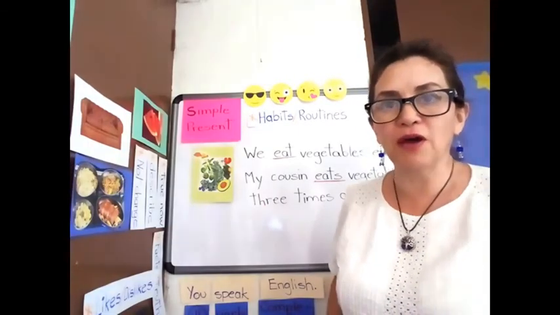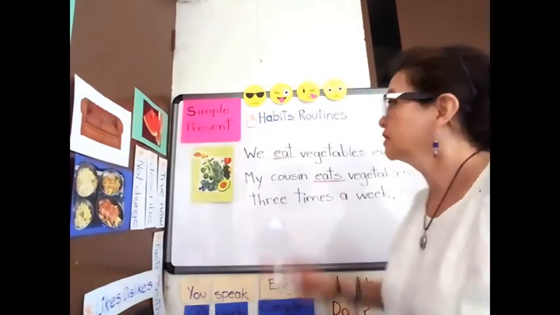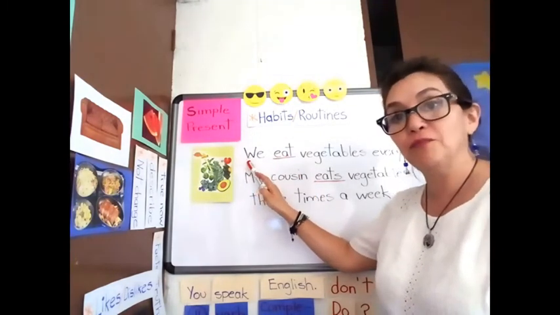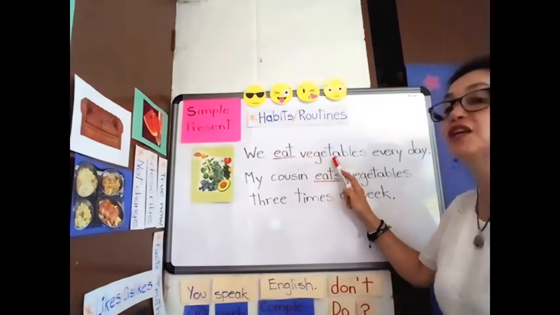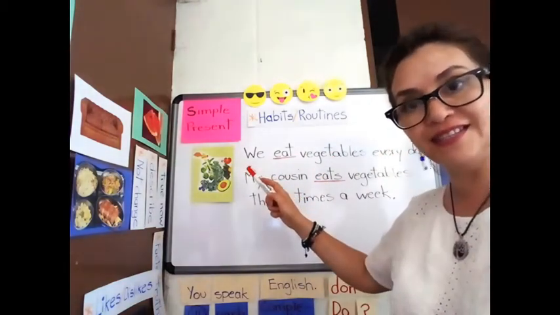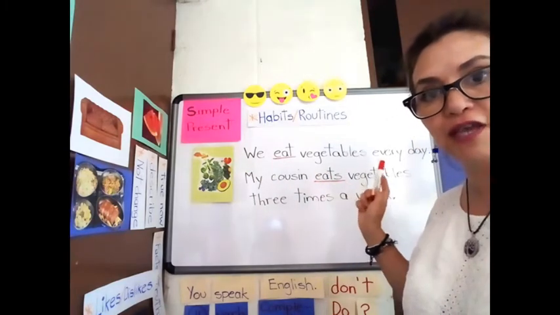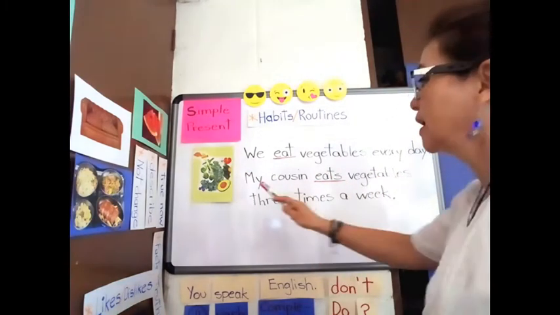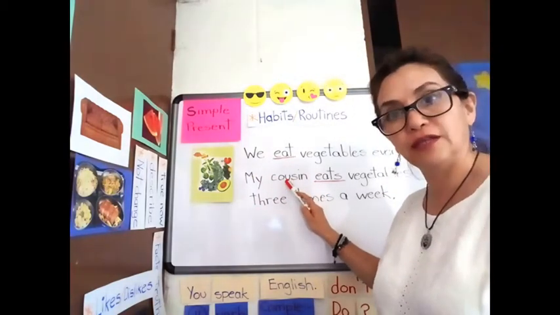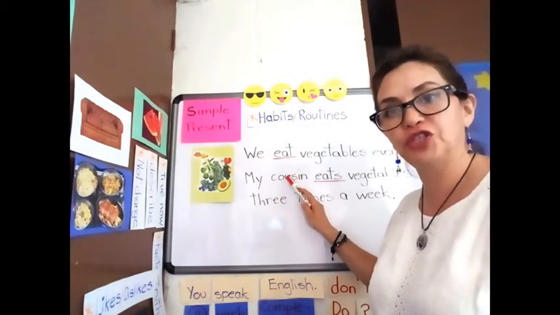Now let's talk about another verb. The verb eat. Let's read this example. We eat vegetables every day. Can you read the sentence? We eat vegetables every day. And now an example with the word my cousin. Cousin, he or she.